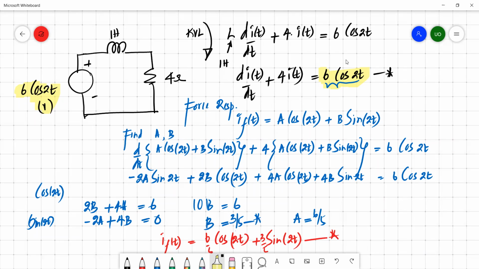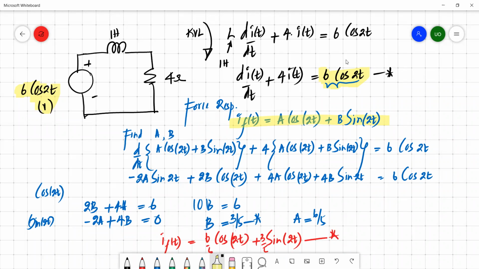If it is a cosine or sine function, we can generally replace the force term like this, having both cosine and sine. Then depending on A and B, we can decide whether it's completely aligned with the sine function or the cosine function, depending on the values of A and B.